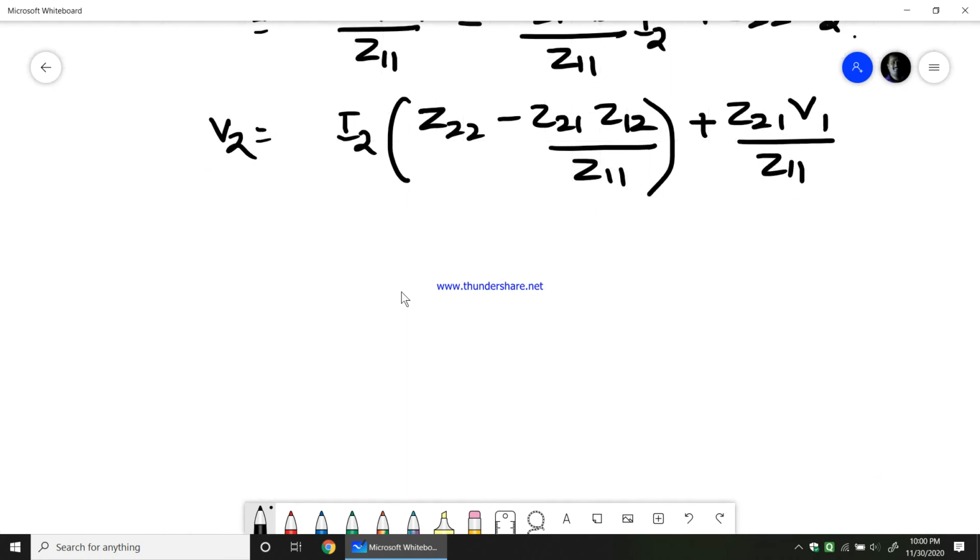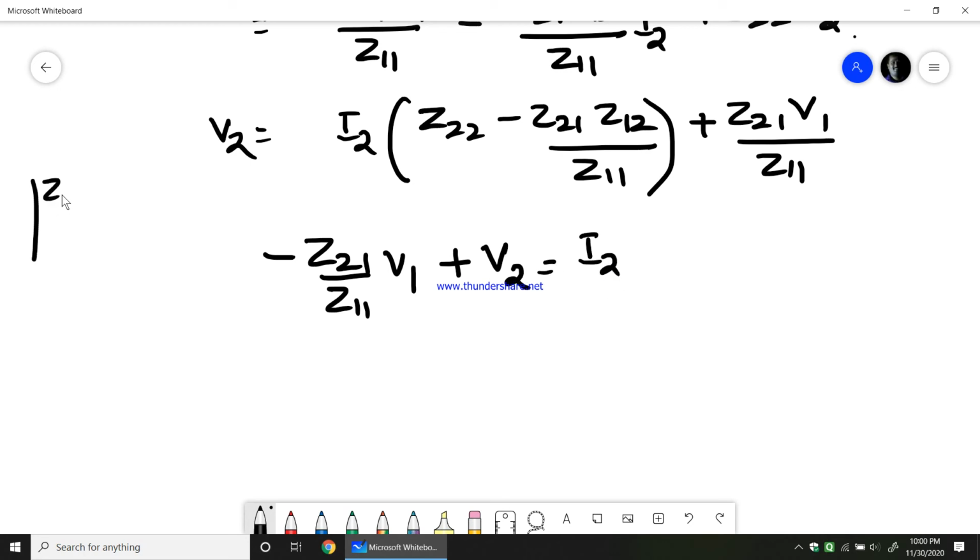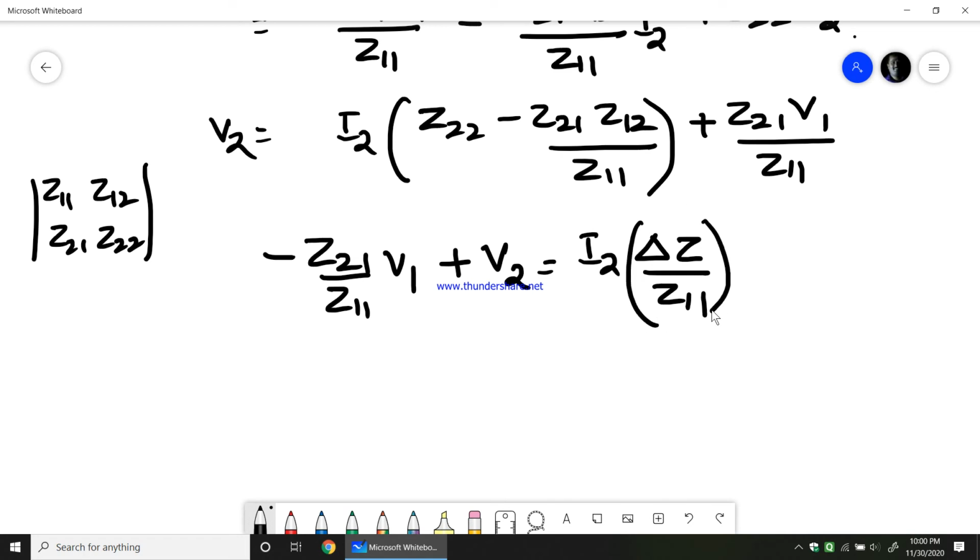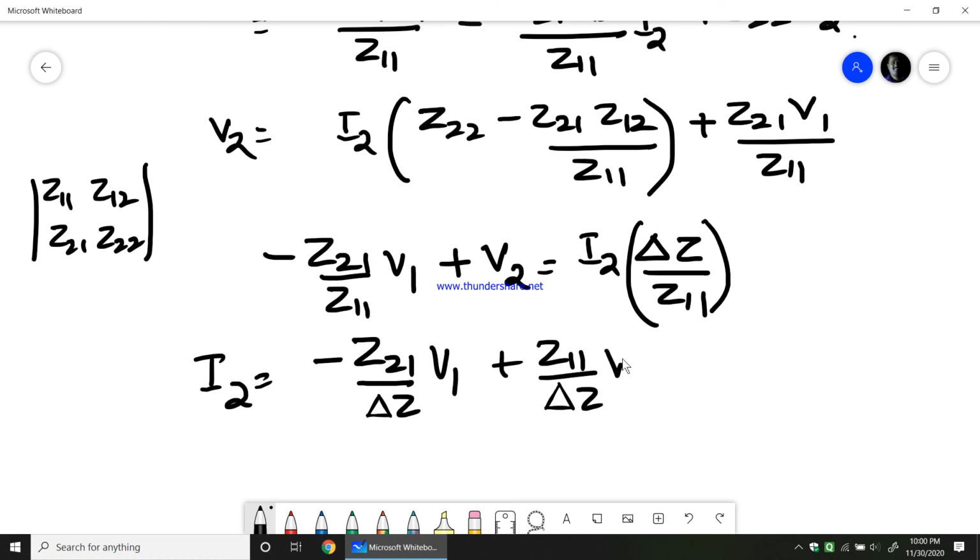I'll take V1 to the left hand side, so I get minus Z21 by Z11 V1 plus V2 equals I2 into (Z11 Z22 minus Z21 Z12) by Z11. That is delta Z by Z11 times I2. Now I will multiply this through and get only I2. Therefore I2 will be equal to minus Z21 by delta Z V1 plus Z11 by delta Z V2.